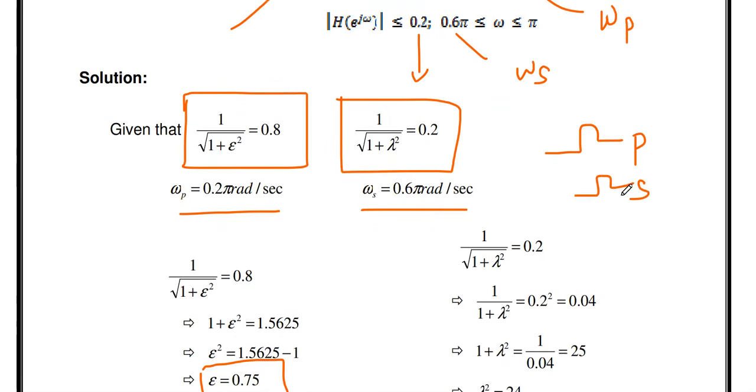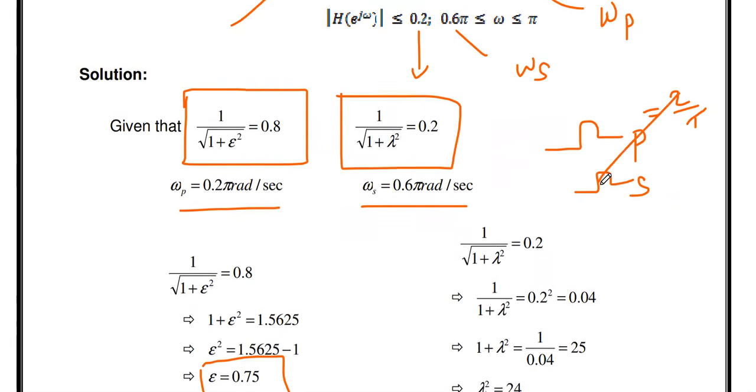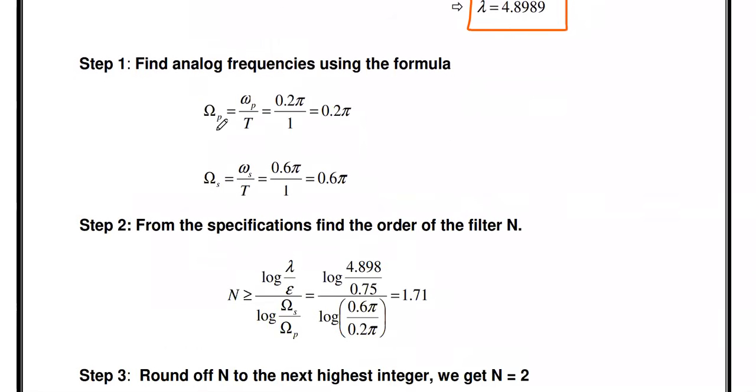In the bilinear transformation, to find the analog pass band and stop band frequencies we use the pre-warping formula, omega p equal to 2 by T tan of omega p by 2. But in the impulse invariant method, to find the analog frequency, we have to use this relation.